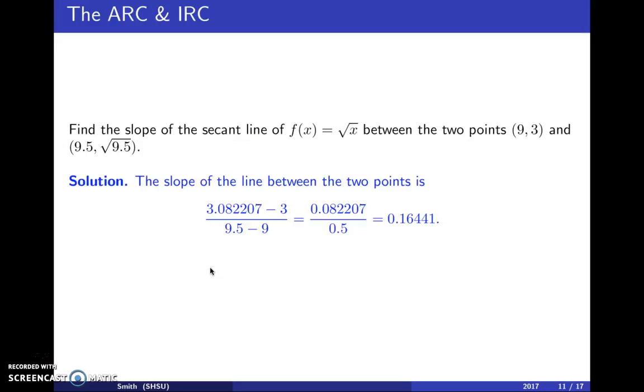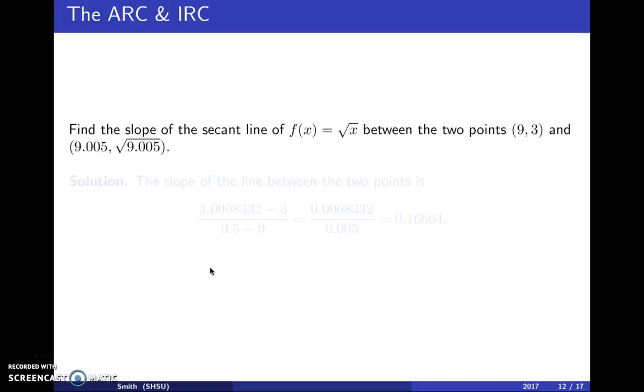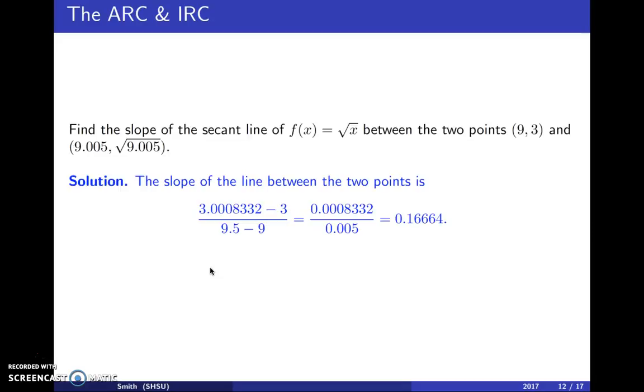So if I have 2 points, here's the slope. We can do that again if my points are slightly different: 9, 3 and 9.05, whatever is the square root of 9.05. Once again, slope is change in y over change in x, and we get this.